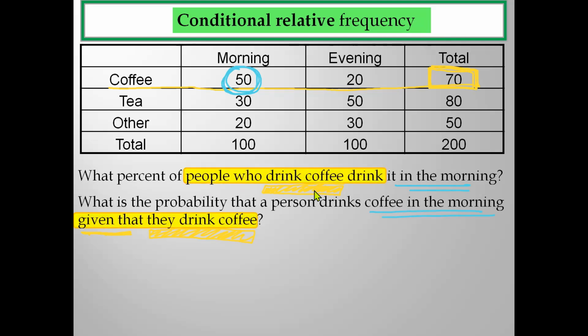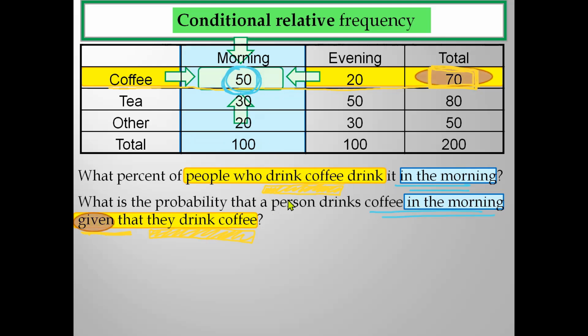As follows, drinking coffee in the morning. So drinking coffee is our marginal frequency, and in the morning would be our overlap, our quote unquote "and" statement we're looking for. So our probability would be morning and coffee divided by the total coffee.